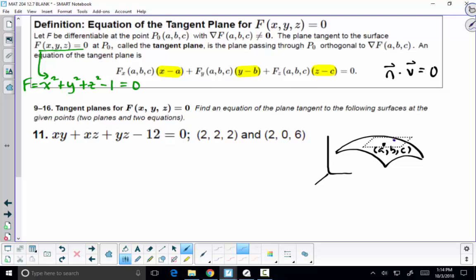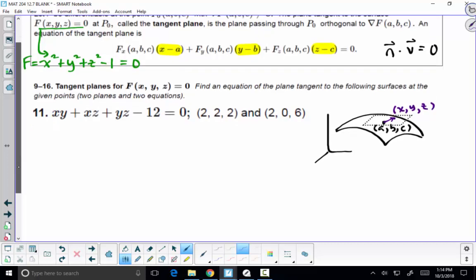So this is in the tangent plane. That's (x, y, z). So if you form this vector right there, that's x minus a, y minus b, z minus c. Shazam.